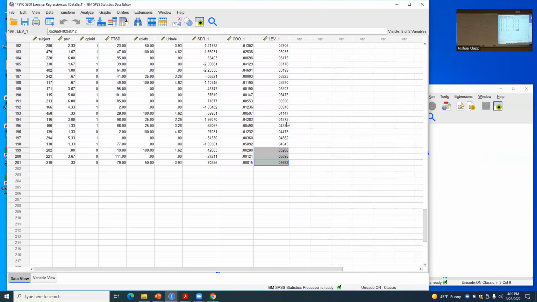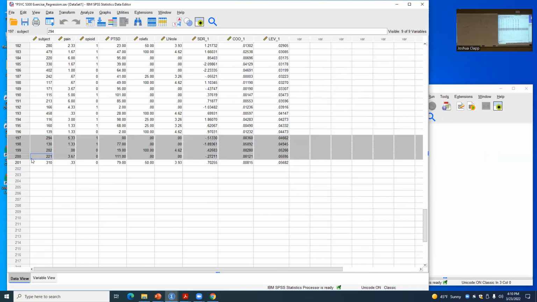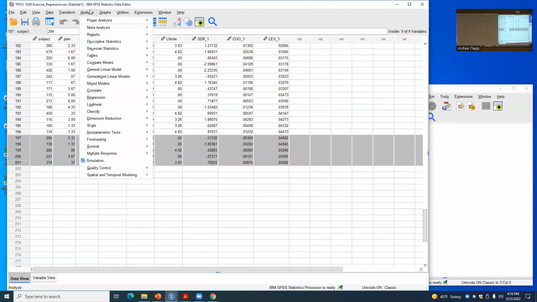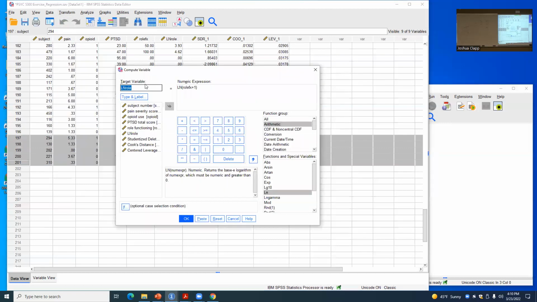And so we're seeing that if I go through, 0.045 was my threshold, right? I've got 5 values that exceed my threshold for leverages. But for this, I'm going to focus mostly on just these highest 3. Okay. So what I'm going to do is I'm going to go to transform, compute, and then I'm going to just create a variable.